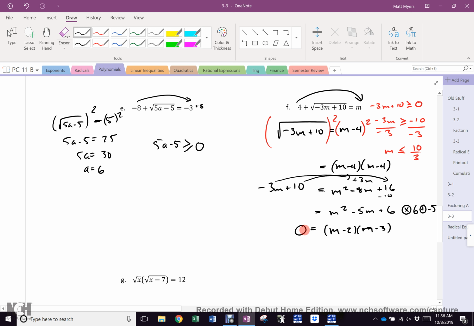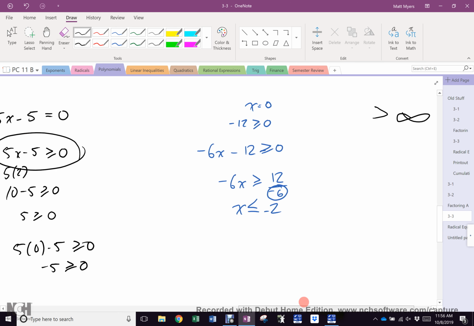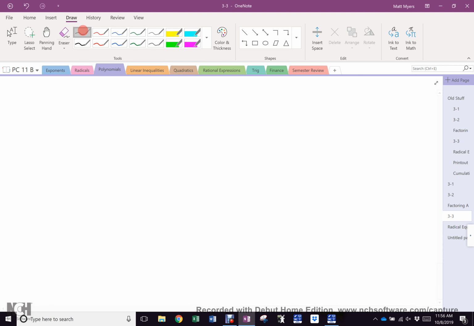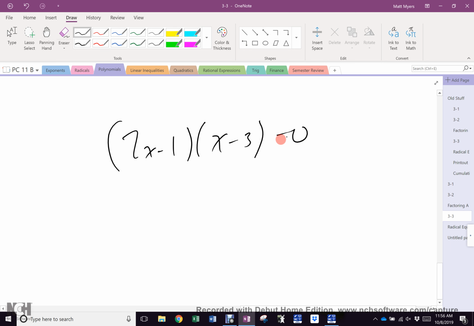The answer is what is going to make this multiplication give me 0. The shortcut that you all immediately follow as soon as you see it: m equals 2 or 3. But of course, if you only followed a shortcut, then if I gave you something like 2x minus 1 and x minus 3, you might make the mistake of saying that answer is 3 or 1. But that would be wrong, wouldn't it?